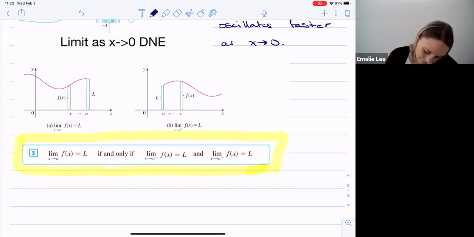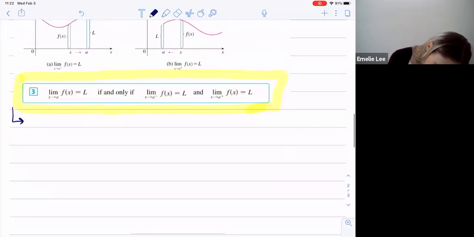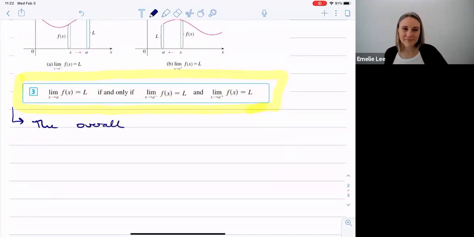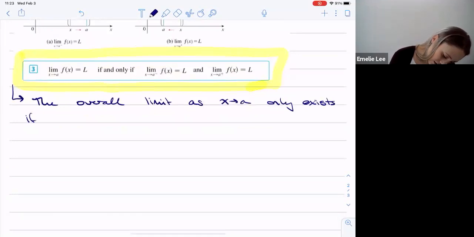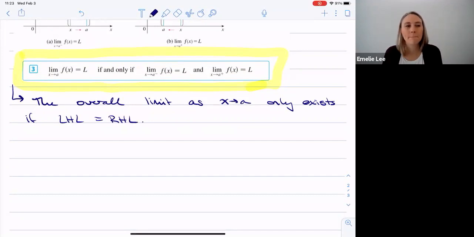So that's what we sneak previewed earlier. The overall limit as x goes to a only exists if the left-hand limit equals the right-hand limit. Okay.